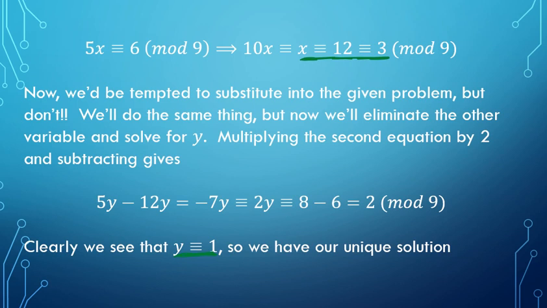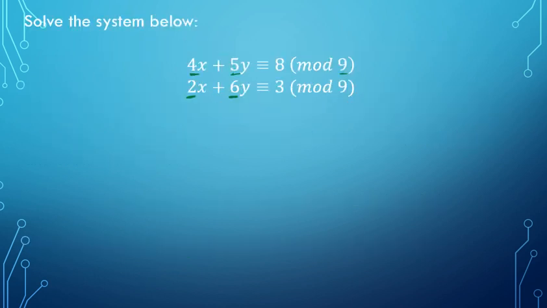And what you could do is take these values, 3 for x and 1 for y, and substitute them into your given system of linear congruences, and check to see that it does indeed hold. 3 for x, 1 for y. That's going to make this first one 17. Take 17 mod 9, and you get 8.